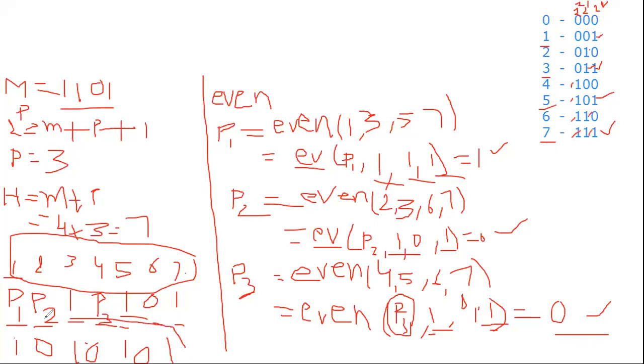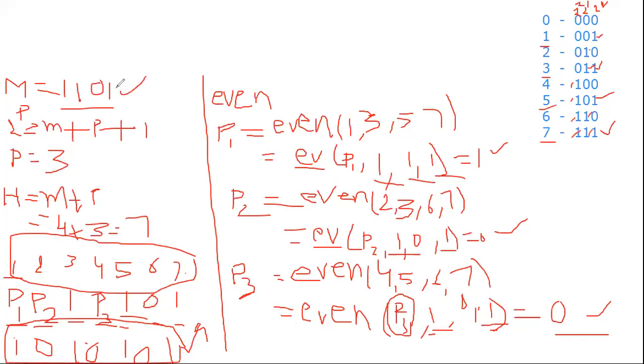So now we are getting the required Hamming code. This is a 7-bit Hamming code. Do you understand? Up to here, we learned yesterday. Now, how to correct the error in this? So this is the way to generate Hamming code for a message.